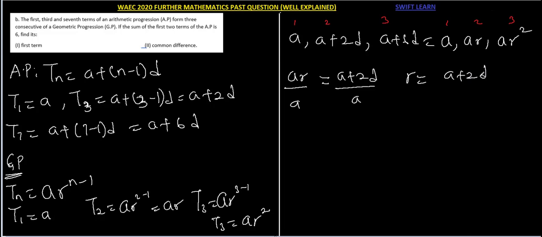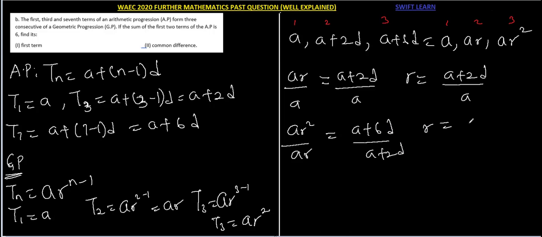A plus 2d divided by a. So if I want to get the second r, when we divide ar square over ar, you have a single r, so that's (a plus 6d) over (a plus 2d). So r is also (a plus 6d) divided by (a plus 2d).